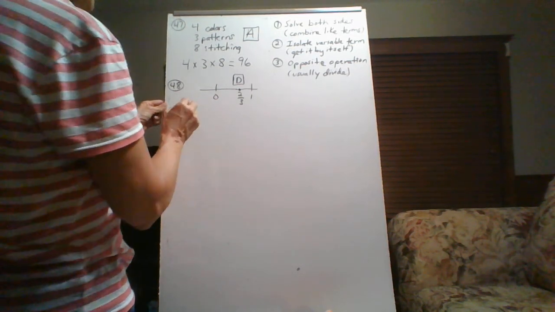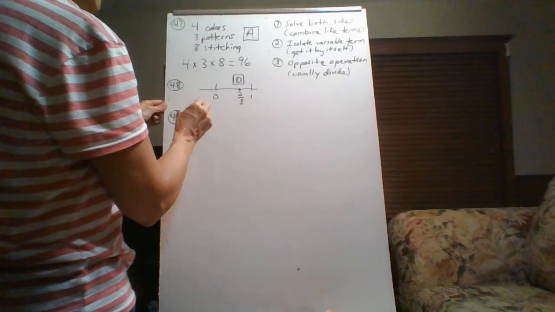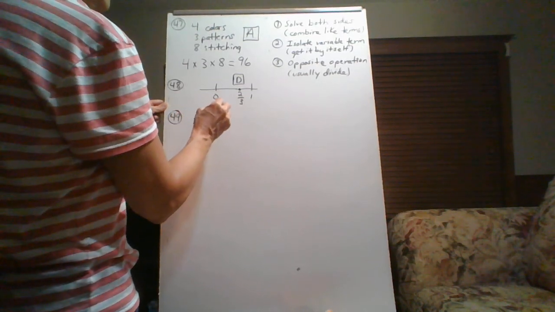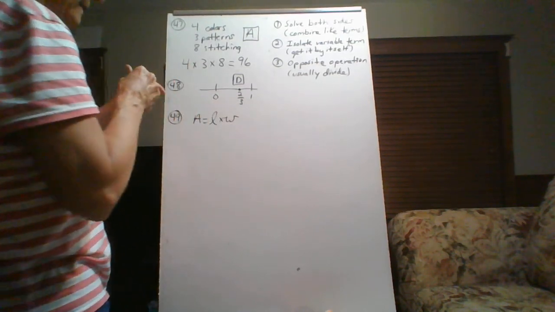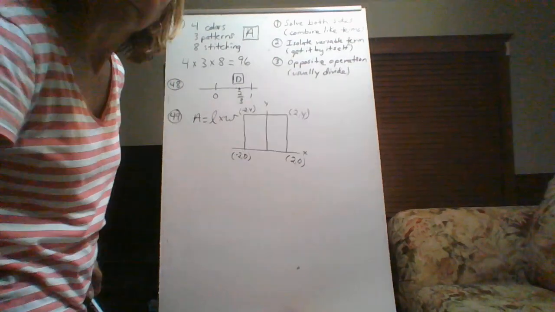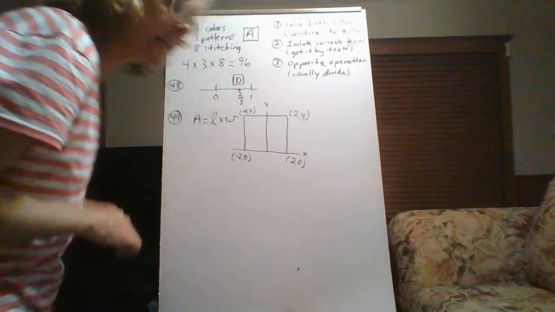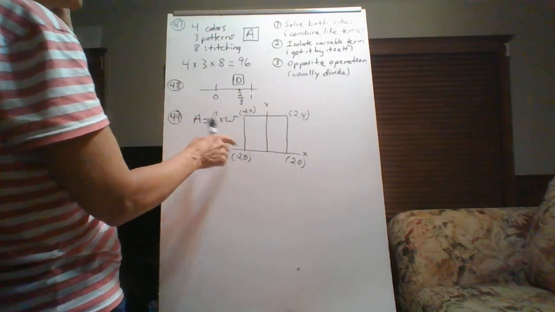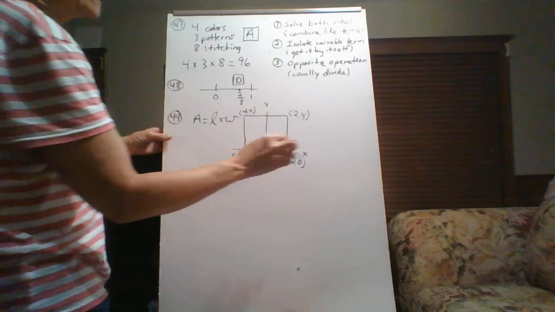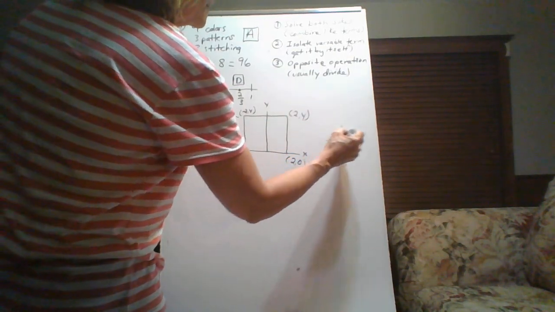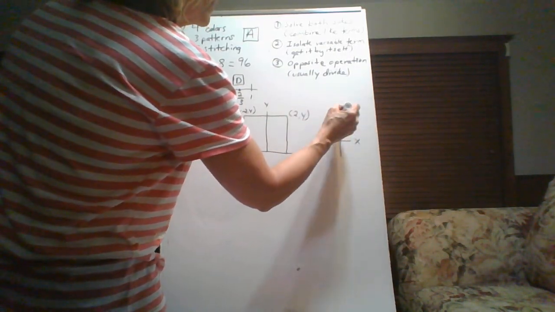All right. So let me write this down. Remember, area is length times width. Hang on a sec. All right, I decided to go ahead and draw it up for you. So keep in mind on an XY axis, I just want to remind you of this because we really haven't had a lot of point problems on here.